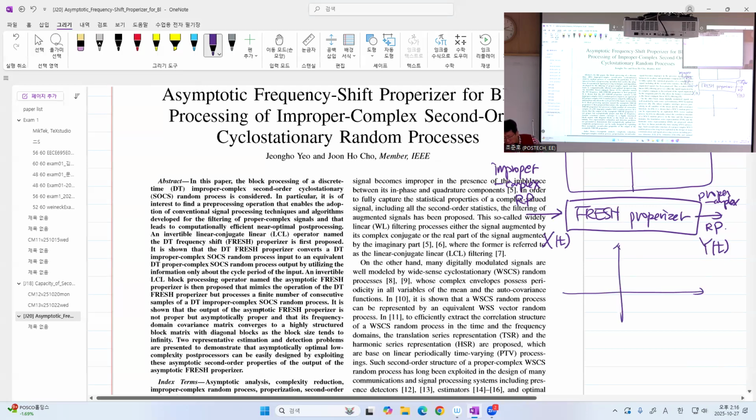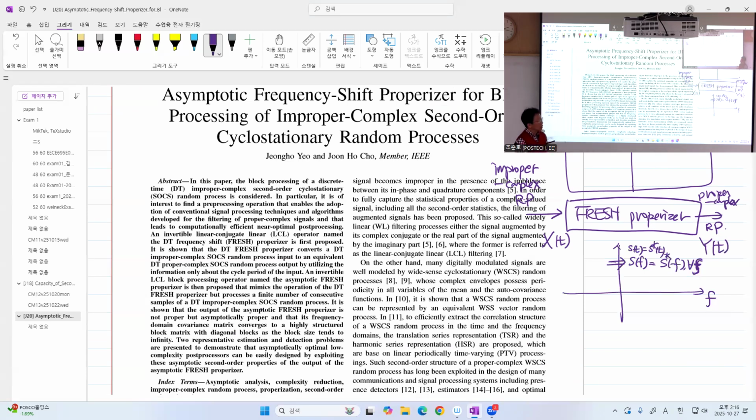Suppose you have some real valued signal s of t. What's the property of its Fourier transform? It has conjugate symmetry, right? And this result is very similar to what we are going to see.